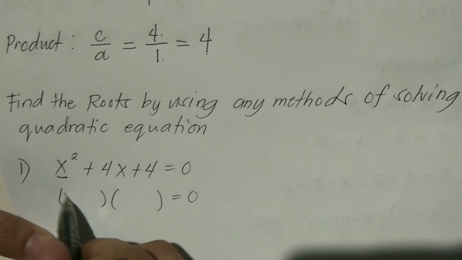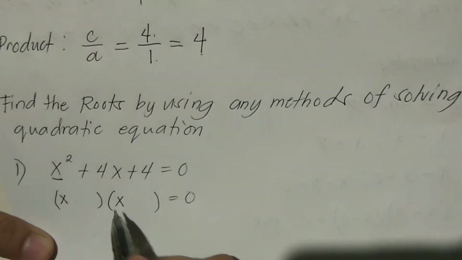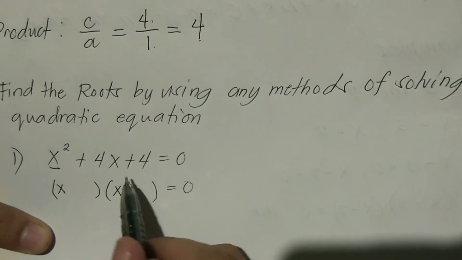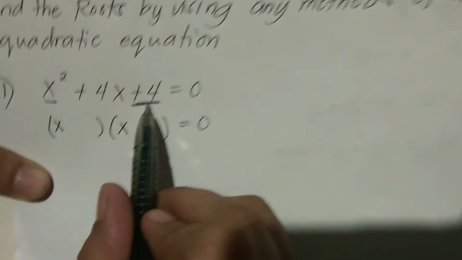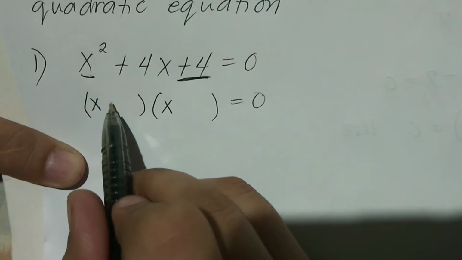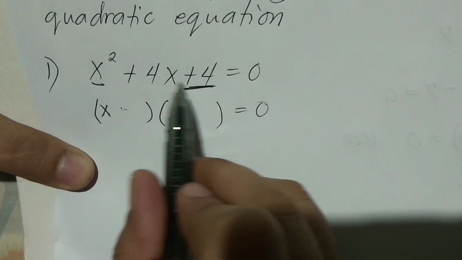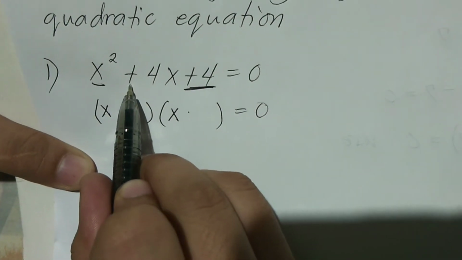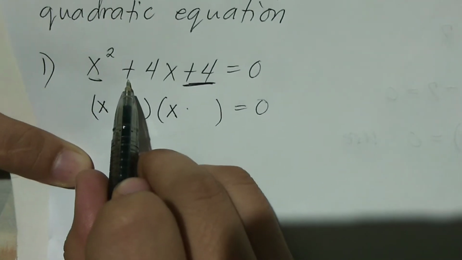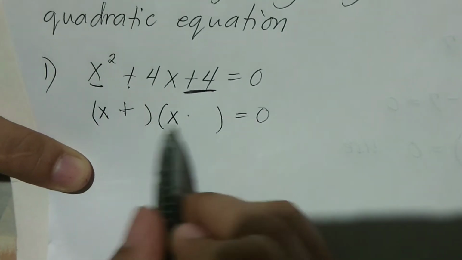So, factors of x squared is x times x. And then, since positive yung last term, pareho dapat yung magiging sign dito or operation. And, tingnan nyo yung nasa gitnang term, kung positive siya, then parehong positive.